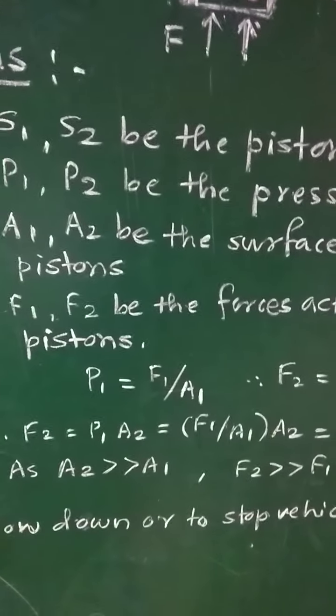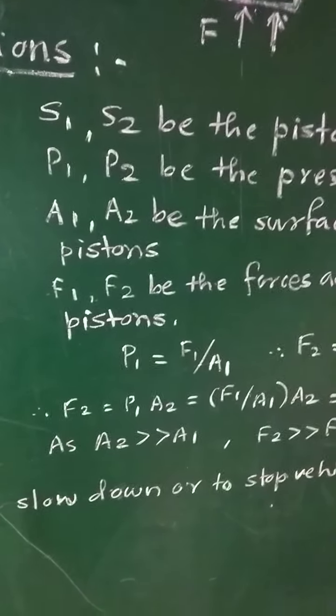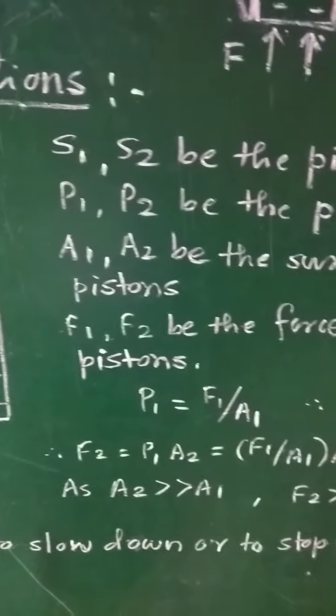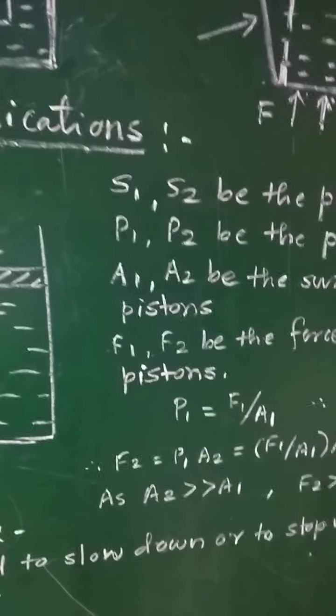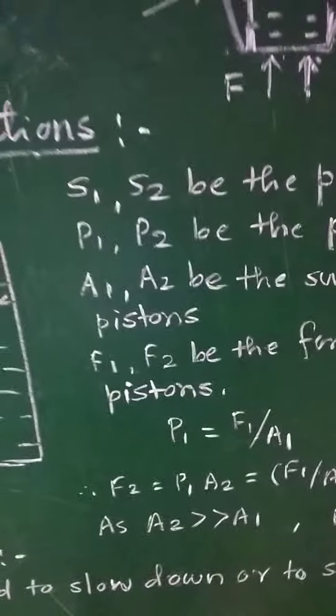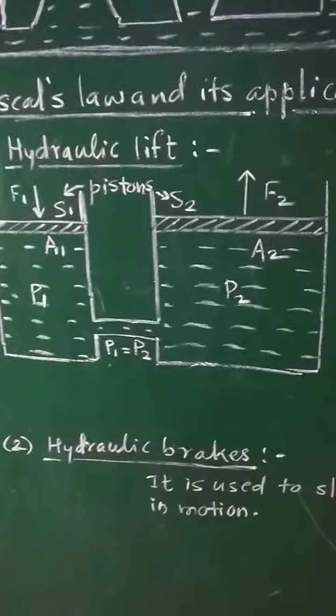So in this case we can say that if a very small force F1 is acting on the piston S1, a very large force F2 will be acting on the second piston S2. Now the second application of this is hydraulic brakes.